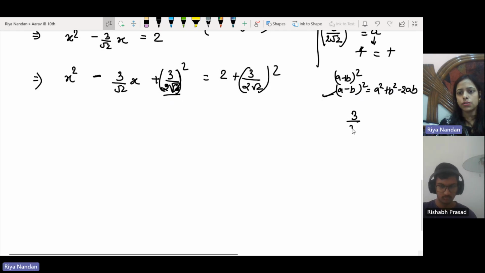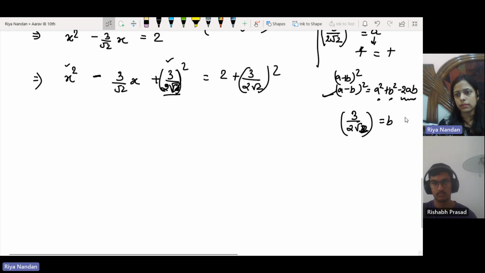What is b? Root 2 by 3, which is b, and a is already there, you have your x. And b is already given. Now you have a, you have b. Now you have to fulfill this. Okay, you have to match this with 2ab.